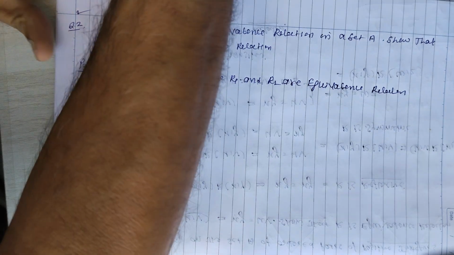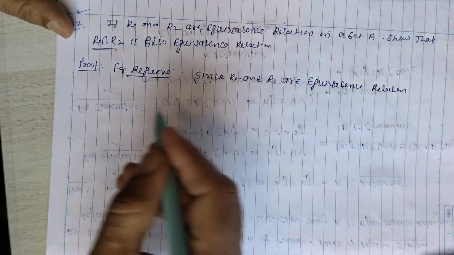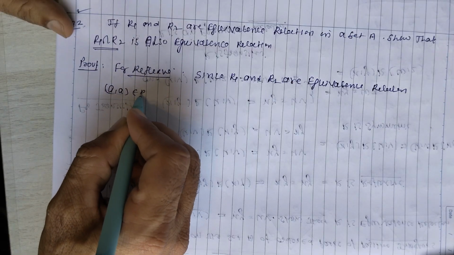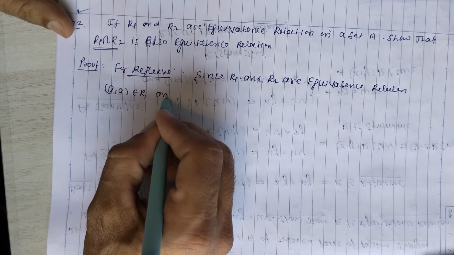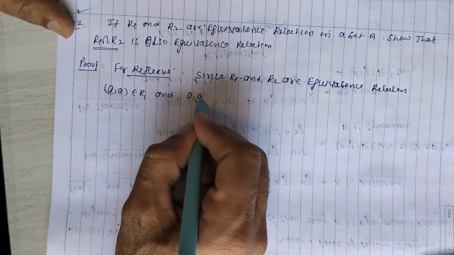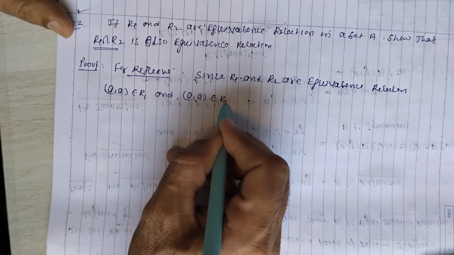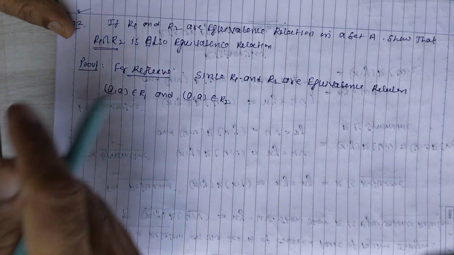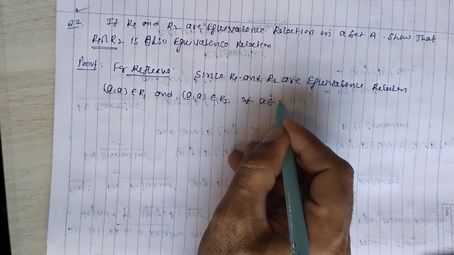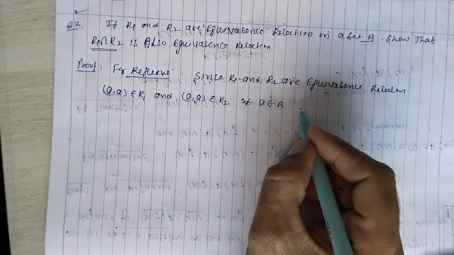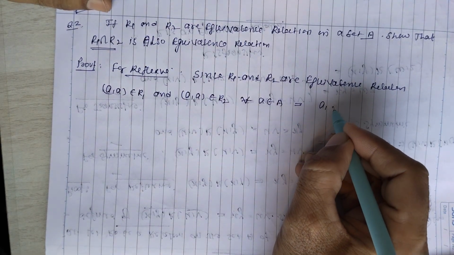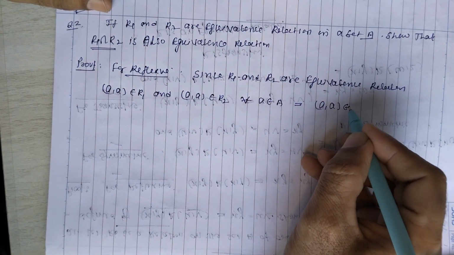R1 and R2 are equivalence relations. It is given. Therefore, when (a, a) belongs to R1 and also R2 is an equivalence relation, we can also write (a, a) belongs to R2, for all a belongs to set A, which implies that (a, a) belongs to R1 and (a, a) belongs to R2.